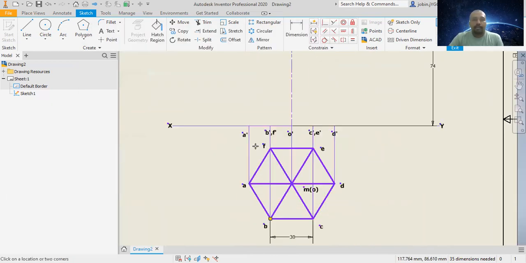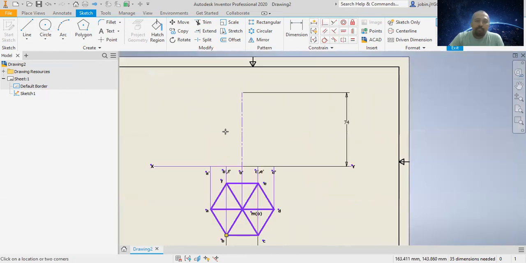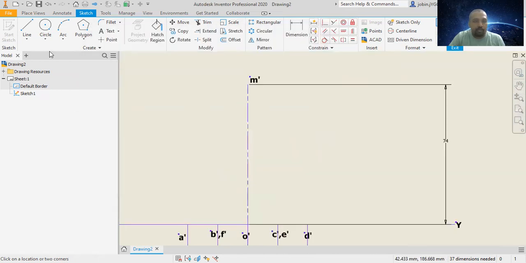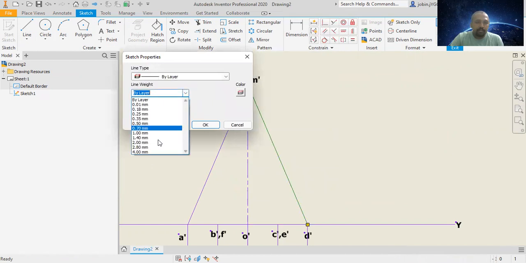Okay. Then you have to join this. I already explained what the shape of the front view is. That will be a triangle. This is m dash, the apex point. So you have to join this m dash with a dash and m dash with d dash. So that is the front view. Please complete it.